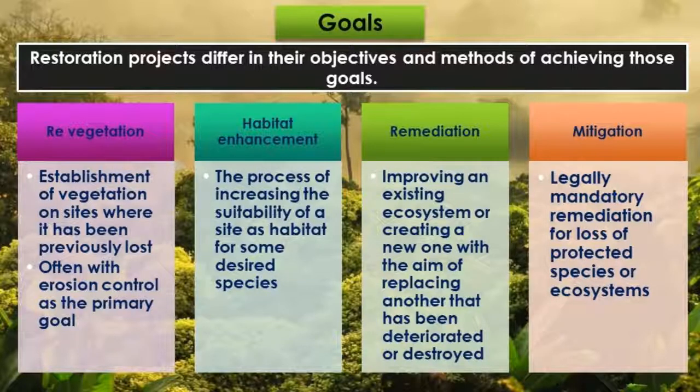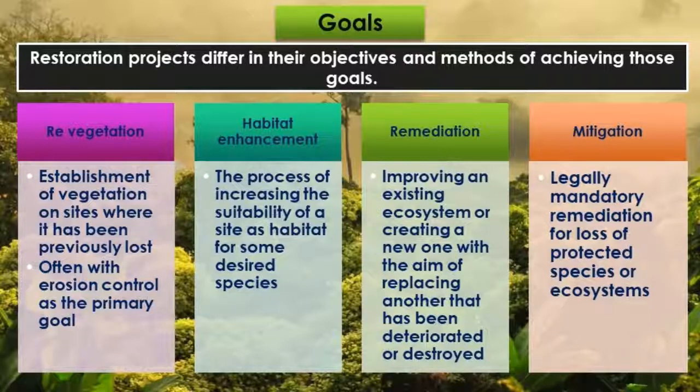Habitat enhancement is the process of increasing the suitability of a site as a habitat for some desired species. Remediation is improving an existing ecosystem or creating a new one with the aim of replacing another that has been destroyed or deteriorated.